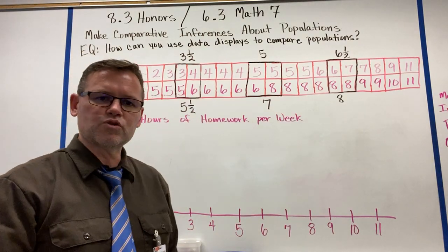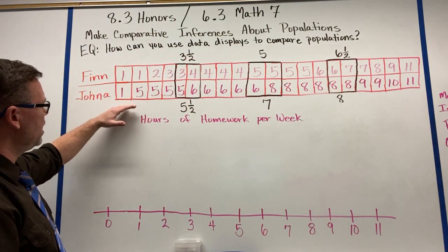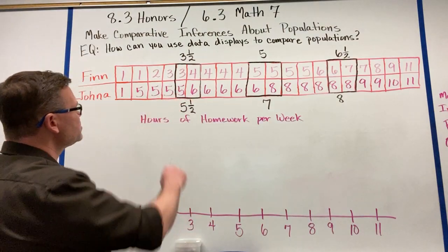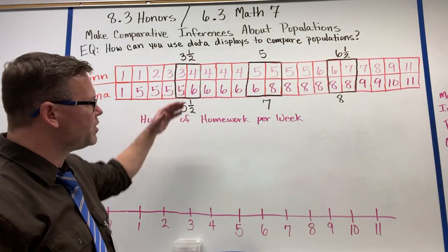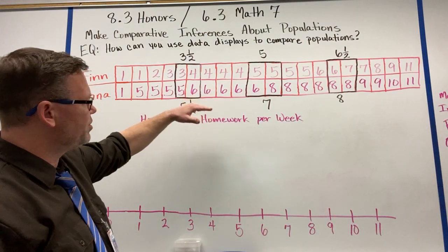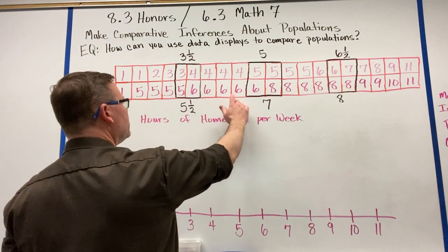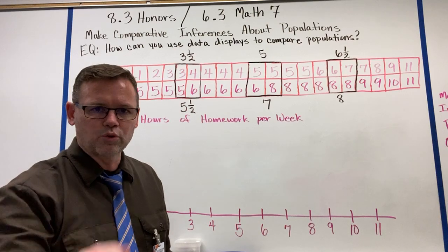Now remember, there are 20 students. So Jonah did the same thing, and you can tell just by looking at this, his hours get higher right away. And so our hypothesis here, or our theory, is that on average, Jonah's school puts in more hours of homework per week. But we're going to prove that.